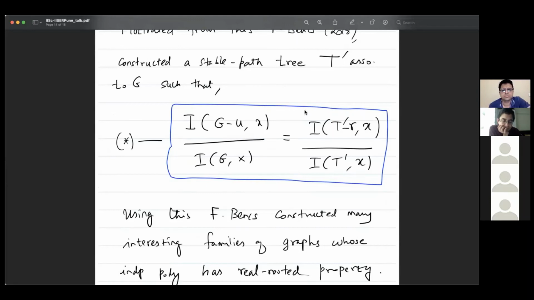So this identity, for example, will give you the real rootedness property for claw-free graphs. So again, the same proof will work. You can use induction. To start with a claw-free graph, then T dash will be claw-free. That one can prove. And G minus U will be claw-free. So again, induction will do that job.